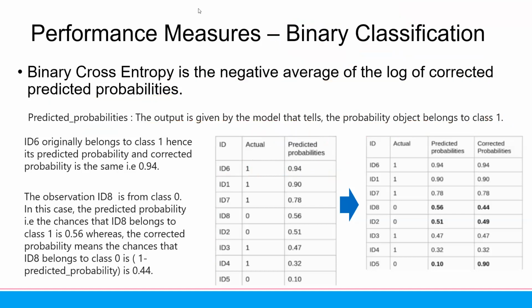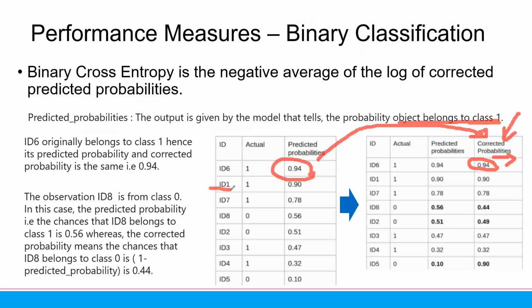So we don't need to correct it because this is already the probability belonging to class 1. So the corrected probabilities, this is a new column. The corrected probabilities will be the same values because the corrected probabilities here should be the probability the object belongs to class 1.